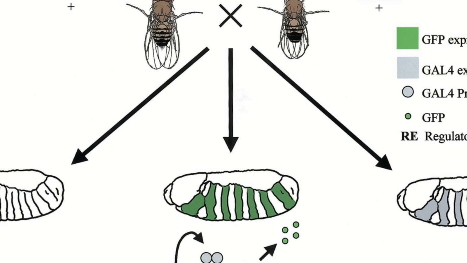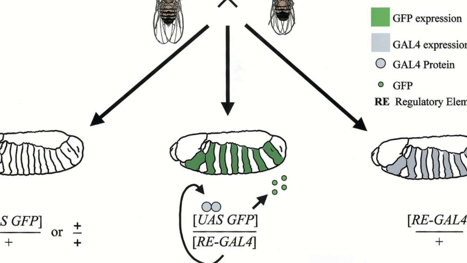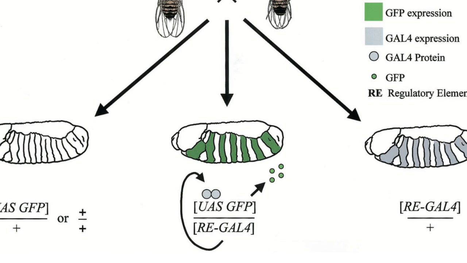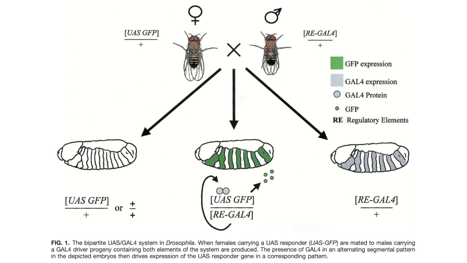This would result in different progeny containing all the elements, and the recombinant would express the GFP. So this experiment makes it evident that the system is effective in studying toxic or lethal genes due to the initial transcriptional inactivity in the responder gene. And Brand and Perrimon use this versatile system for studying oncogenes and loss of specific cells, making it very clear that this system can be used in a variety of different ways.